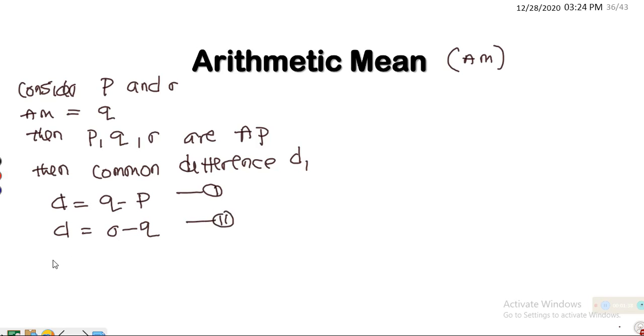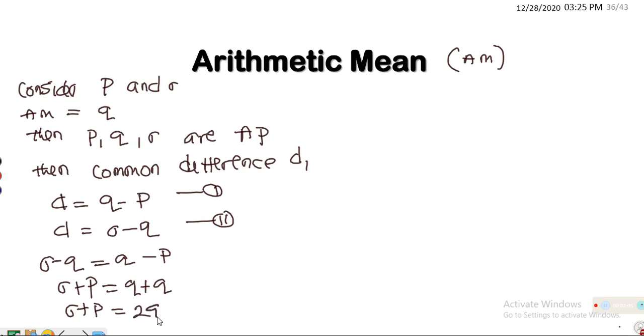If you equate equation 1 and 2, you have R minus Q equals Q minus P. Bringing Q to Q and R to R, I have R plus P equals Q plus Q, and then R plus P equals 2Q.